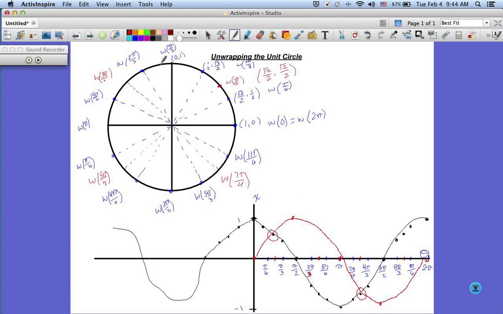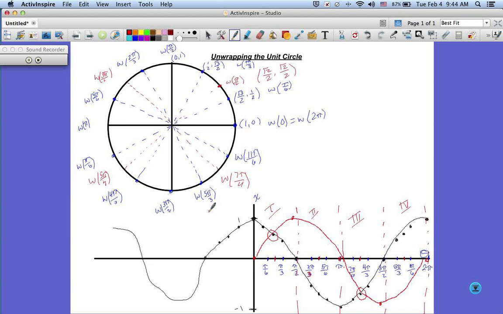Okay, and then on top of that, we can even do some breakups here as far as looking at some things. Pi over 2 is the end of the first quadrant, right? So if I'm looking graphically, this is quadrant 1. This is quadrant 2. 3 pi over 2 ends quadrant 3. And here is quadrant 4.